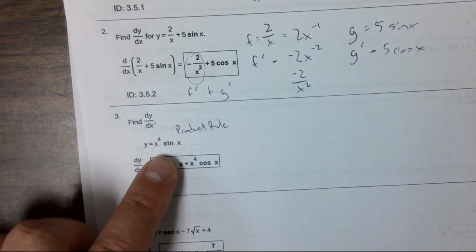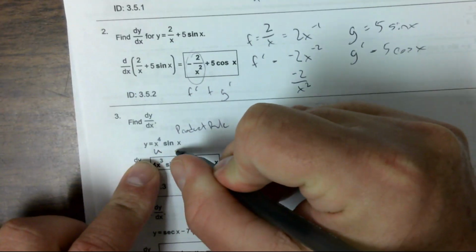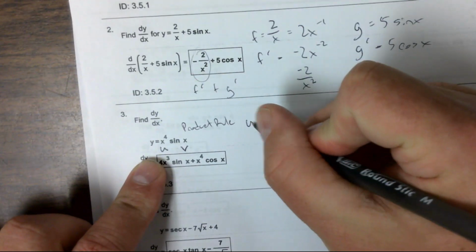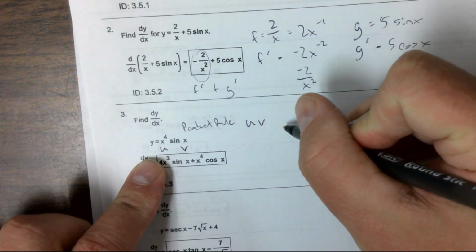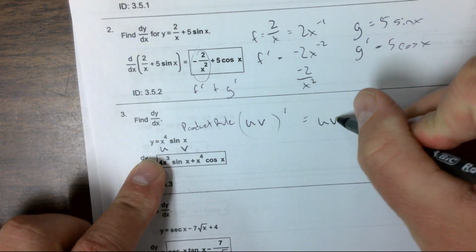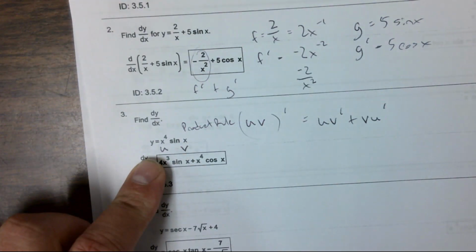So the first thing is this is going to be u and this is going to be v. So the product rule means uv. That derivative would be u times v prime plus v times u prime. That's my first step.